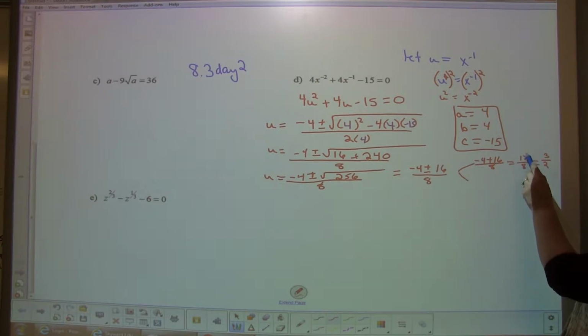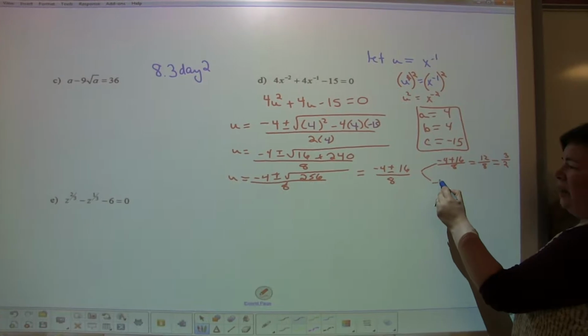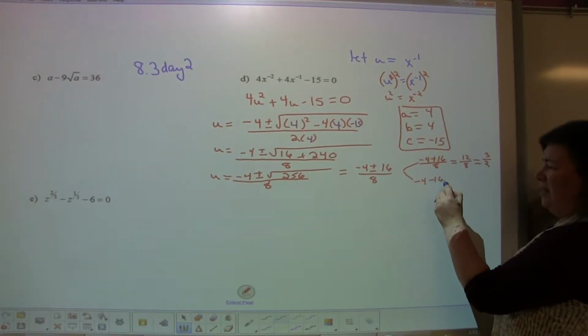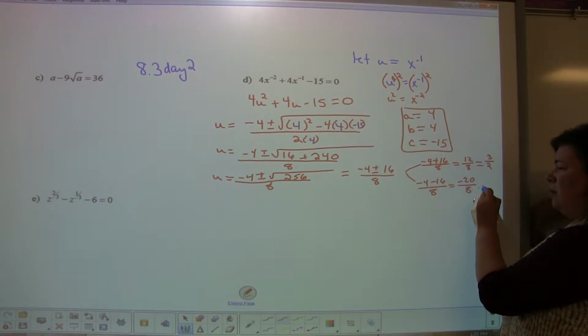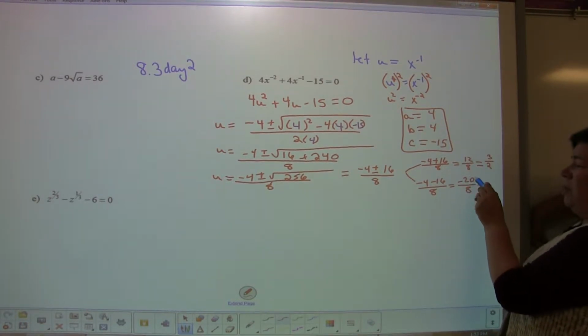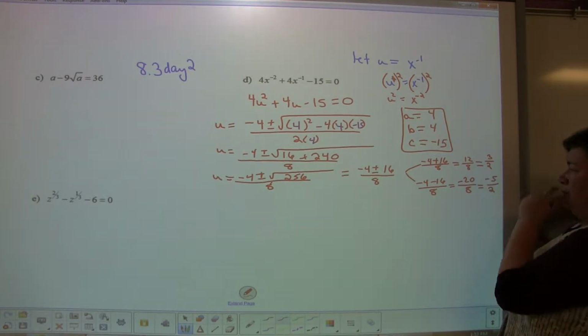Each of them are divisible by 4, and so divisible by 4, I'm going to get 3/2. And here I'm going to get negative 4 minus 16 over 8, which is negative 20/8. Each of them are divisible by 4 again, which is negative 5/2.